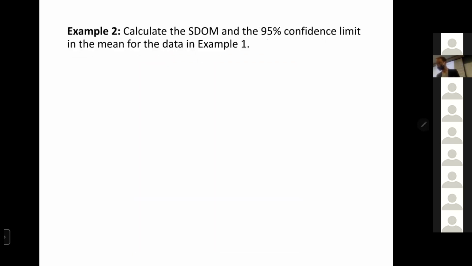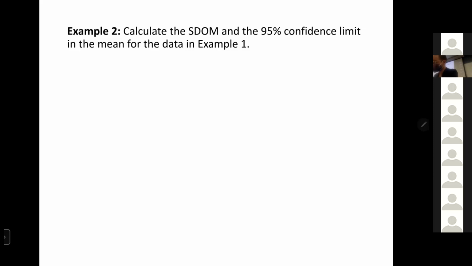Okay, so I think next we're going to do an example. We're going to calculate the standard deviation of the mean and the 95% confidence limit for the data in example 1. How do we do this? Well, I'm not going to go back, but you can look back at the numbers if you want.